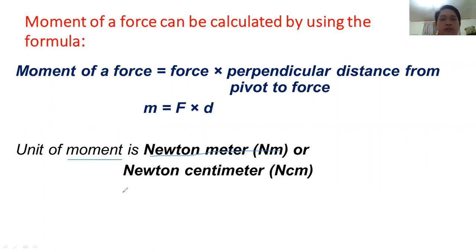We can also use the Newton centimeter, or Ncm, as a unit of moment. You just choose which one you like, but it depends upon the question given at the end of the day.